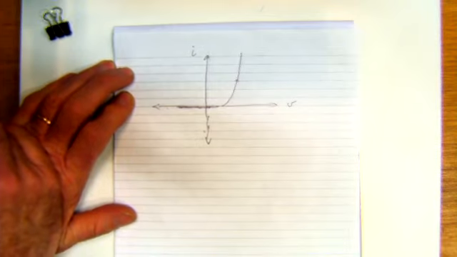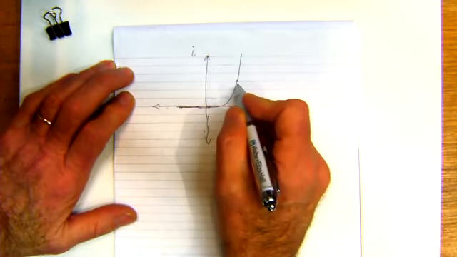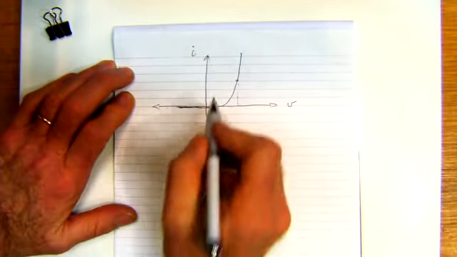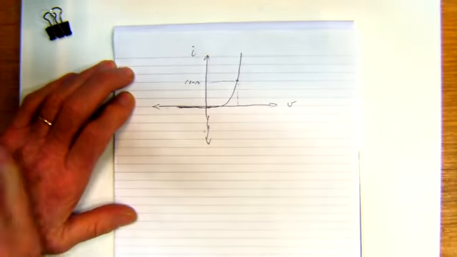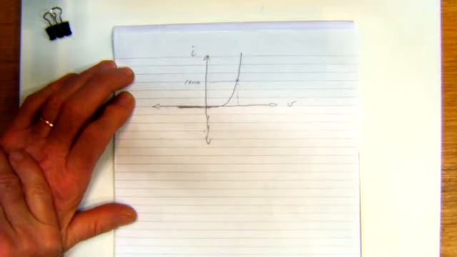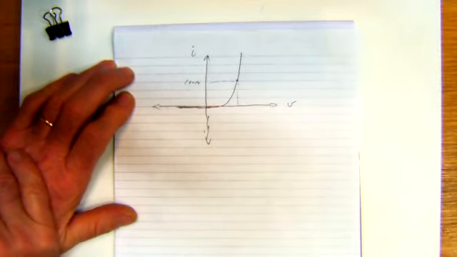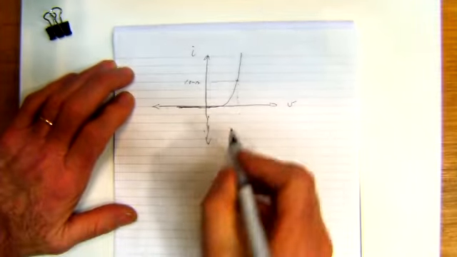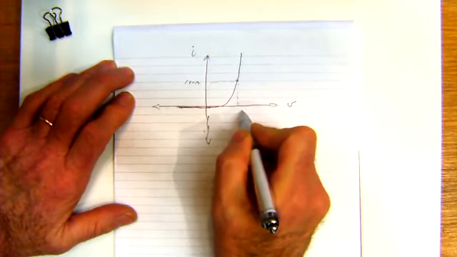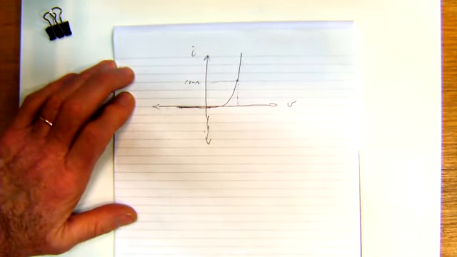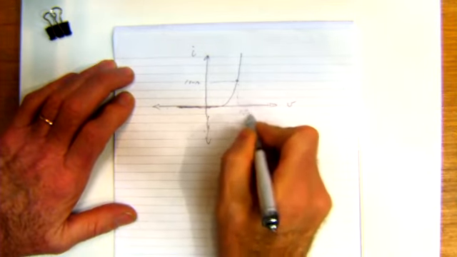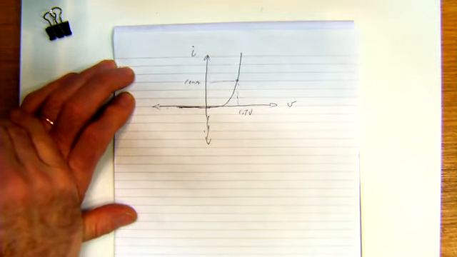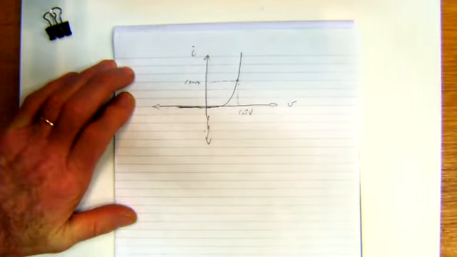Do you remember what it would be for a red LED? What would the voltage be here to turn on some current of around, let's say, 10 milliamps? Does anyone remember? Pardon? 2 volts? Not too bad. Anybody else? 1.7, yeah. That's typically the voltage that we allow for a red LED.